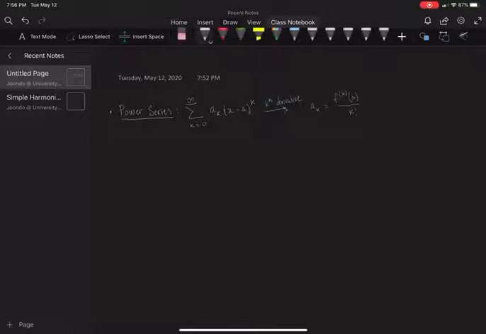So f of x equals the sum from k equals 0 to infinity of f to the k-th derivative of a over k factorial times (x minus a) to the k-th power. And this is what we know as the Taylor series.